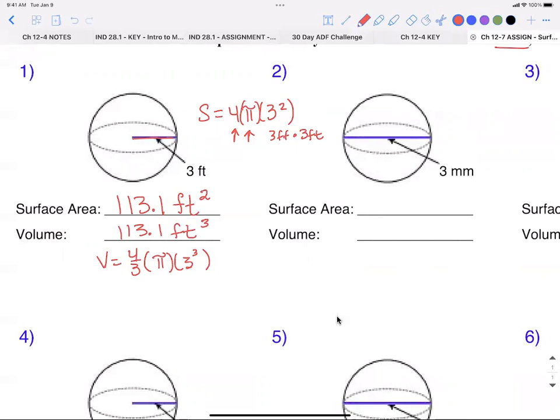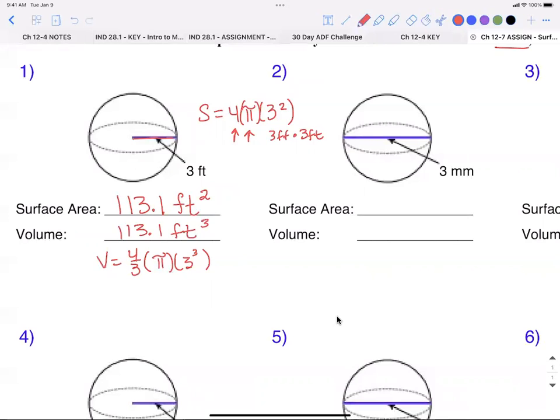See what you get. 4 divided by 3 equals. Yes, Robert. I got 113.09. That's right. But we're rounding to the 10th. So the 9 would make the 0 round up to a 1. It's because I did 3 divided by 4. So 4. Gotcha. Okay. Everybody good with that?